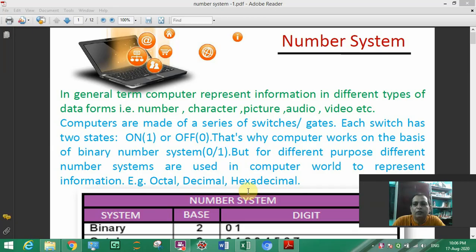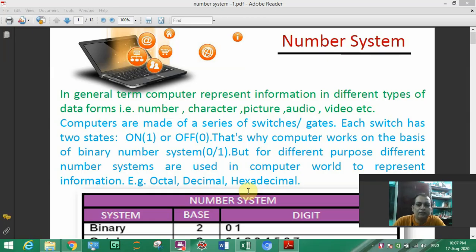So for each of the data, computer uses different types of switches, gates, memories, registers, and in each type of device to store data it uses only two things, that is on off status.